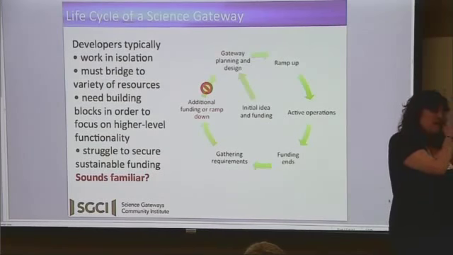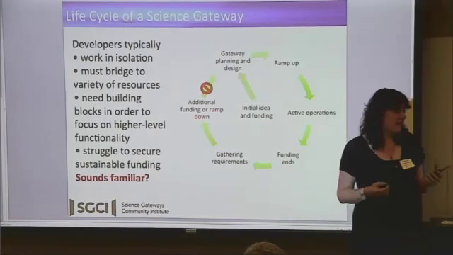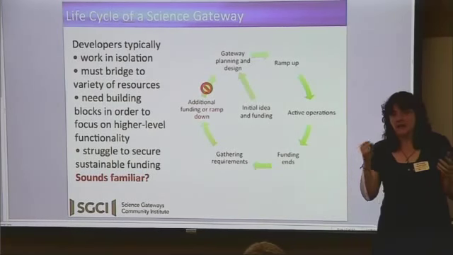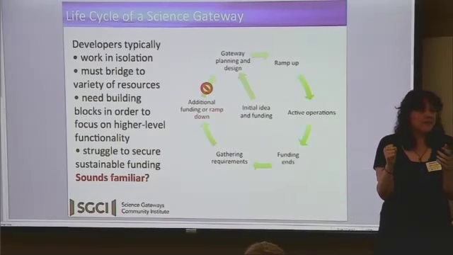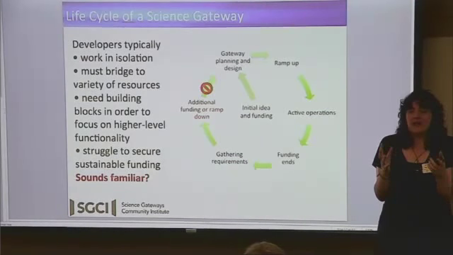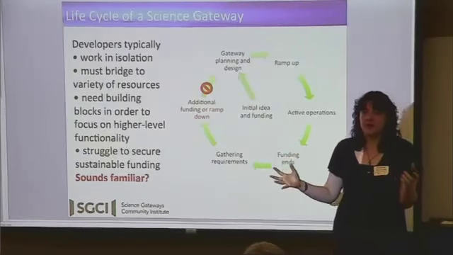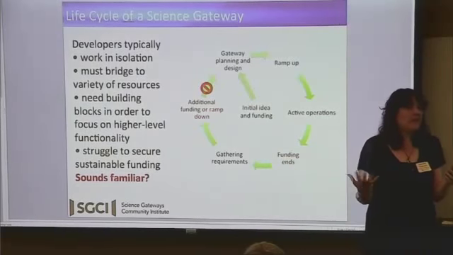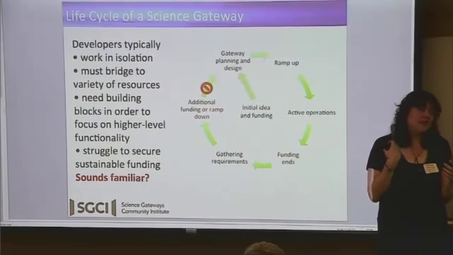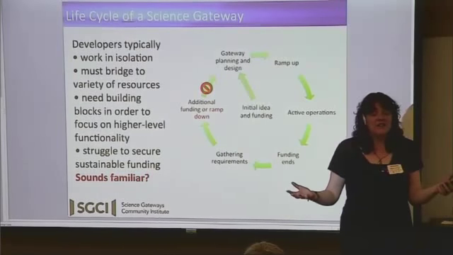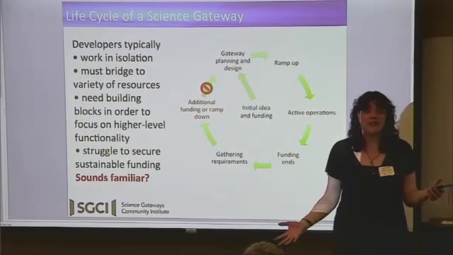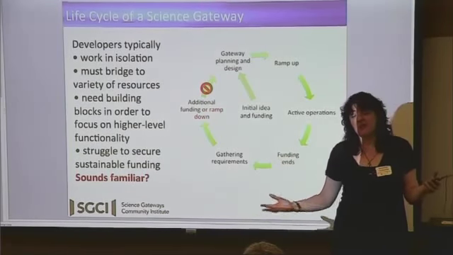And if you look at the life cycle of the science gateway, the gateway is planned and designed, and there's a ramp up, and you hopefully get a lot of active operations in the community. And then the funding ends. You gather requirements, and you get additional funding, or you have to ramp down, and then the researchers are a little bit disappointed.